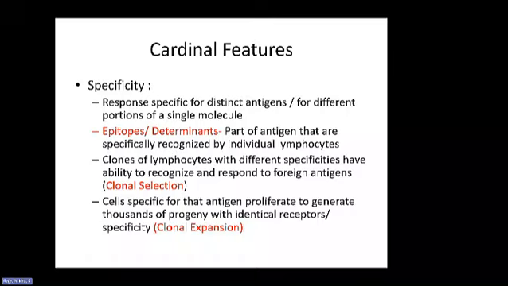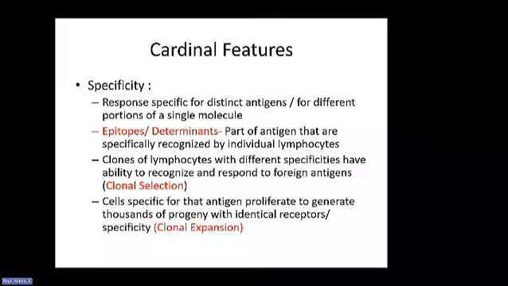They mean the exact same thing, but at some points we might say determinants, and at others we may use the word epitopes. So, two names for the same thing, but a really important characteristic of the adaptive immune system, where the epitopes are specific even on the same antigen.